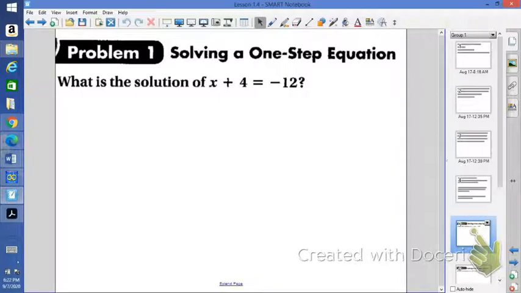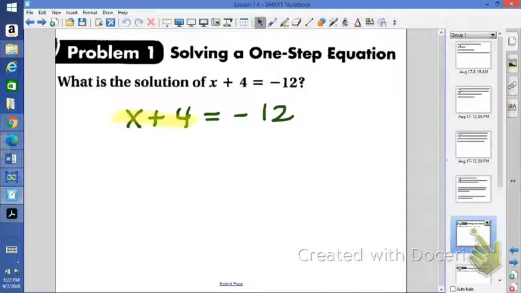So in problem 1, what's the solution of x plus 4 equaling negative 12? So x plus 4 equals negative 12. Alright, so the first thing we want to do is simplify and combine like terms on each side of the equal sign.